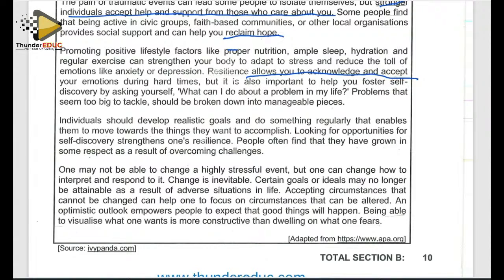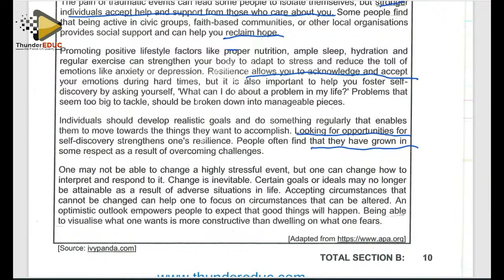Looking for opportunities for self-discovery strengthens one's resilience. We're having our relevant point here. Looking for opportunities for self-discovery. That's our next point. People often find that they have grown in some respect as a result of overcoming challenges. That's a relevant point as well, because you grow when you're resilient.